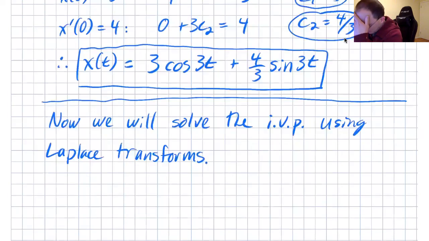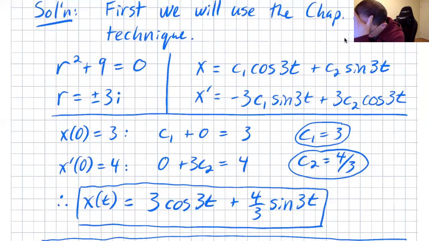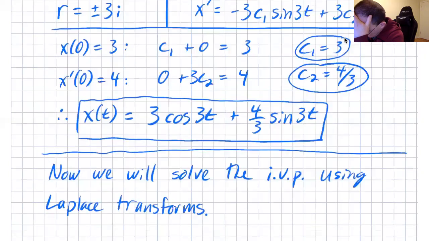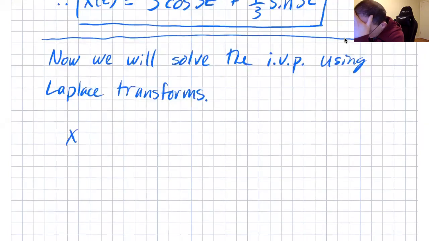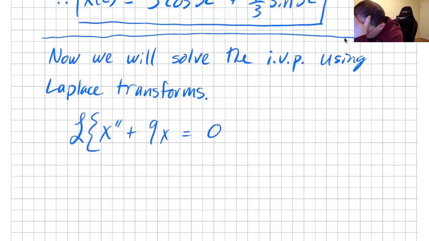Okay, so how do we do this? We take our differential equation, here's the differential equation. And what we're going to do is take the Laplace transform of both sides.